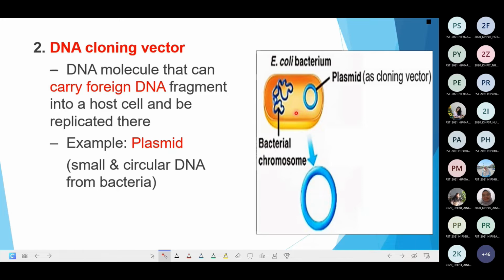So in this case, we can say that the plasmid can be obtained from the E. coli bacteria, and we can use this plasmid from the E. coli to become our DNA cloning vector, and that will be used in this recombinant DNA technology. And in order to use this plasmid, we need to take out this plasmid away from the E. coli bacteria, like this. This is very small. We cannot even see this plasmid actually, using our naked eyes.